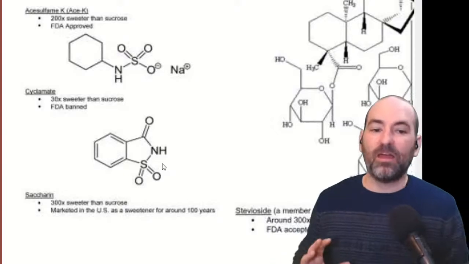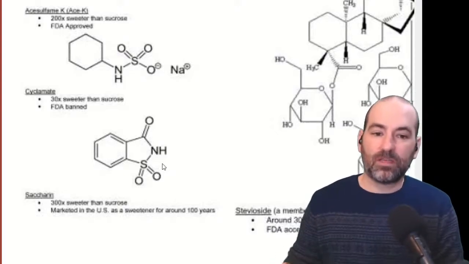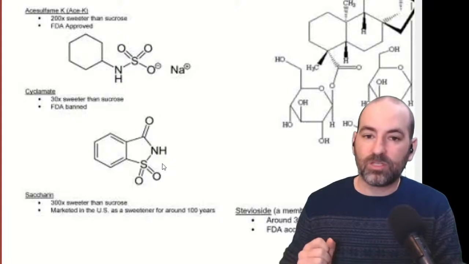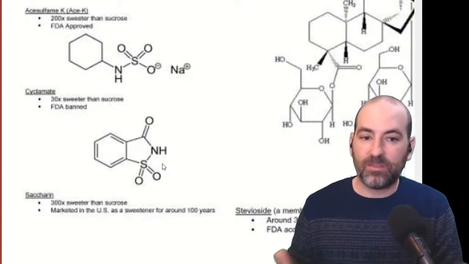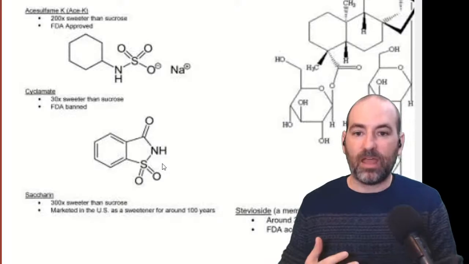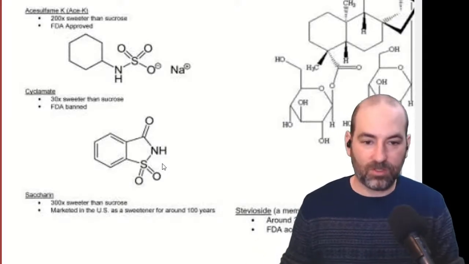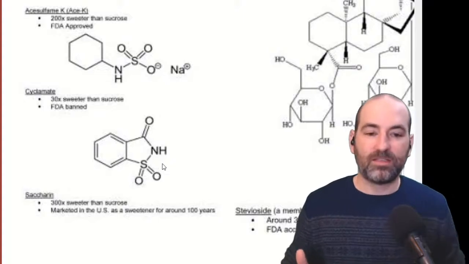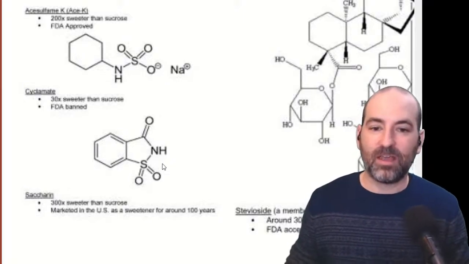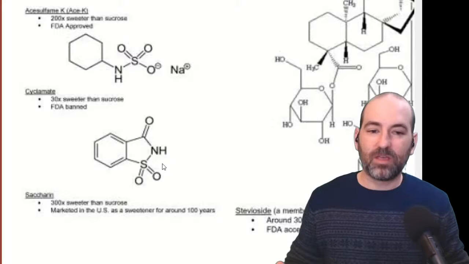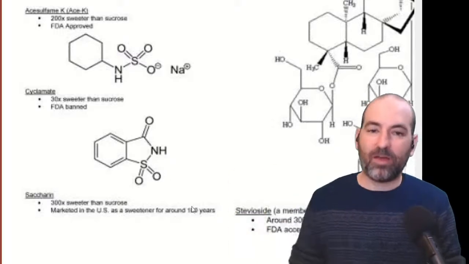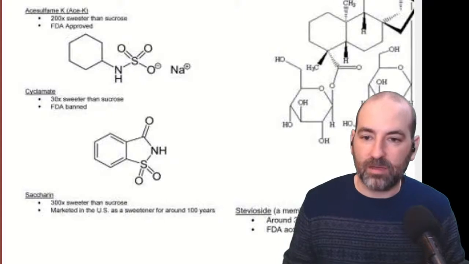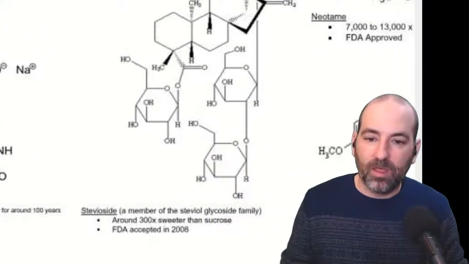It turns out that the strain of mice they were using at the time were just mice that were really likely to get these particular types of cancer tumors. No matter what you feed them, they get these tumors. So it wasn't really a properly controlled experiment, and it's actually not the saccharin that was causing the cancer. So those products no longer carry that warning because it was debunked. It doesn't cause cancer.